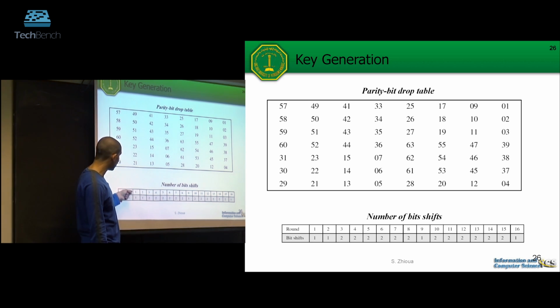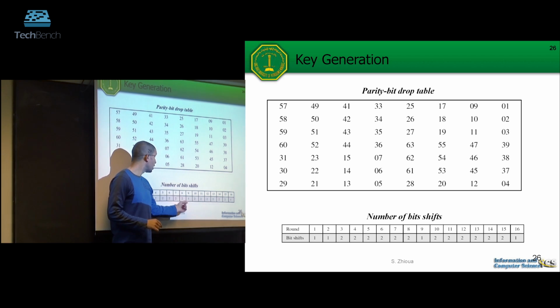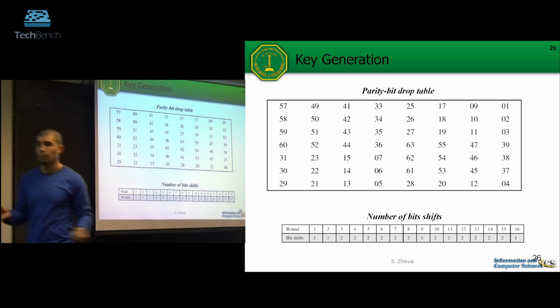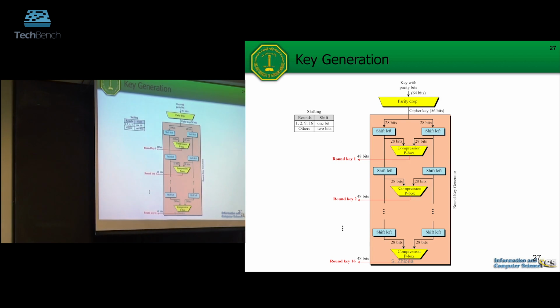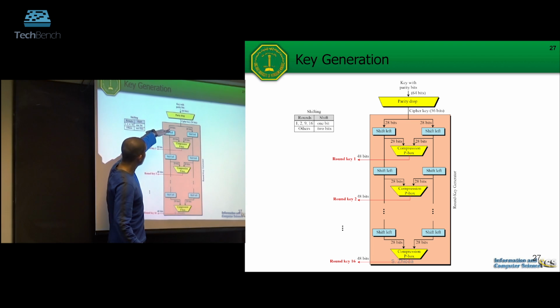For round 1, you shift just one position to the left. For round 2, one position. Round 3, 2 positions, and so on, with round 9 being 1 position, etc. This is the amount of shift done in every round.